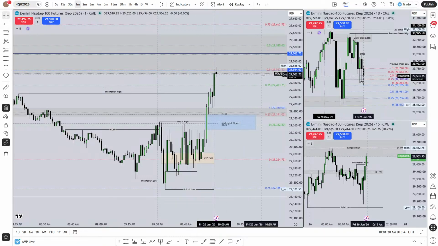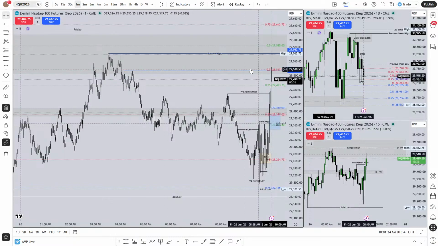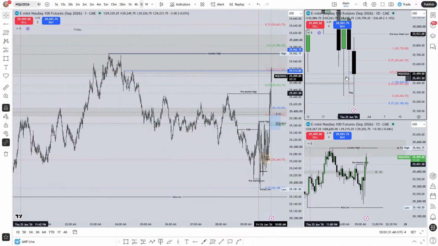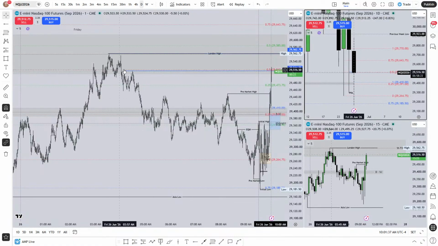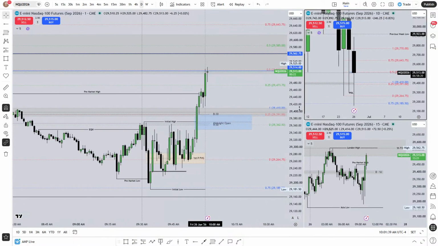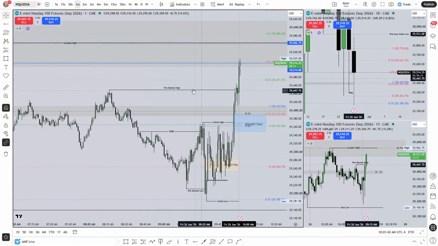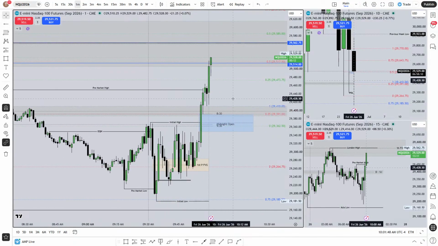These targets were good as well because look how the targets overlap with the midpoint of this daily wick right here. So in the top right, you can see that's the midpoint of this long wick, and it's overlapping with these equal highs right here. So that's a good draw. And we're seeing the same for London high, resting right below the midpoint of the opening range gap right there.